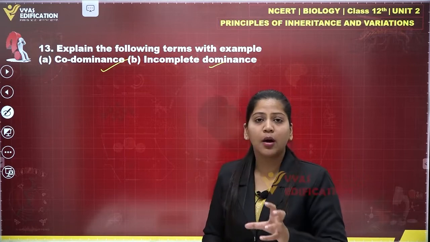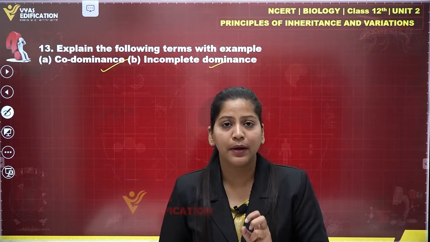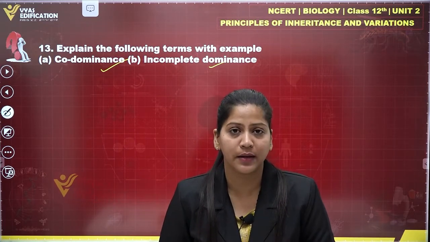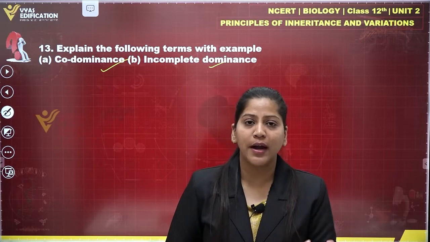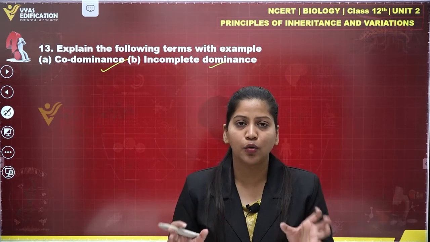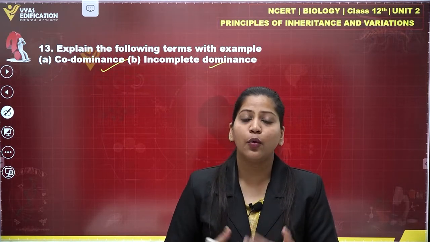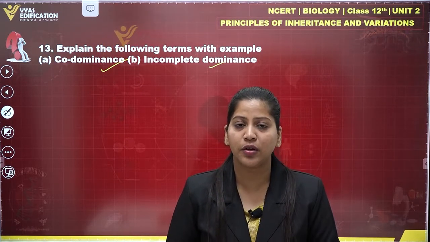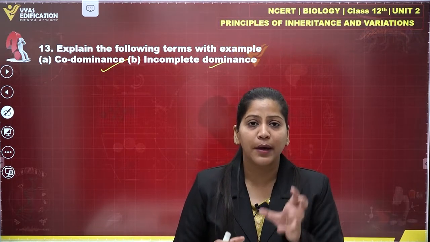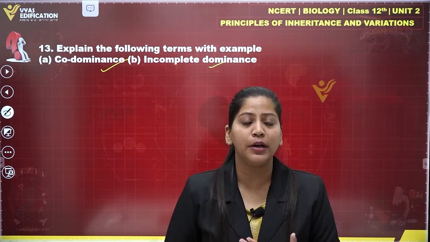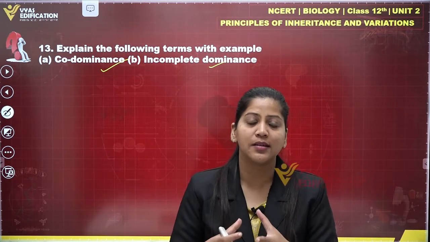An example of incomplete dominance in NCERT is the snapdragon flower. Snapdragon plants have red colored and white colored flowers. But what we find in the F1 generation is that all the progeny have pink colored flowers, because they are not expressed as dominant or recessive. They are expressing themselves partially.